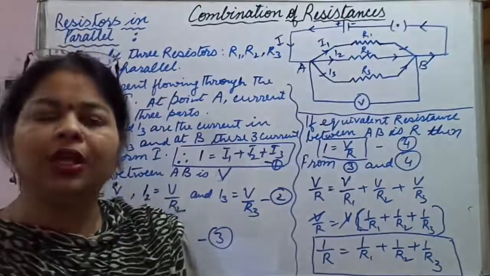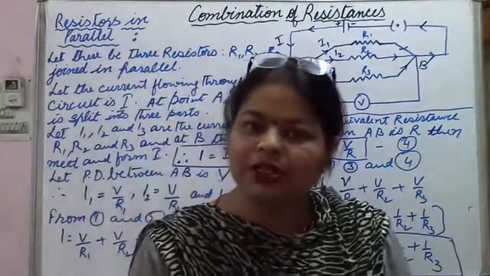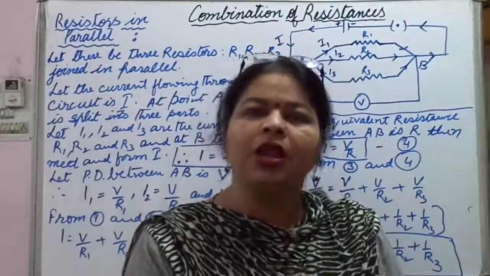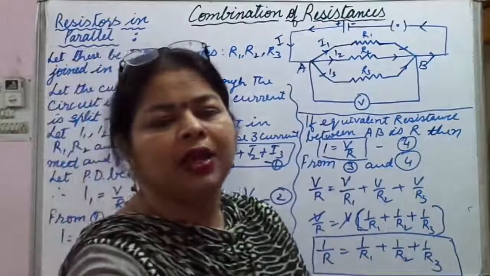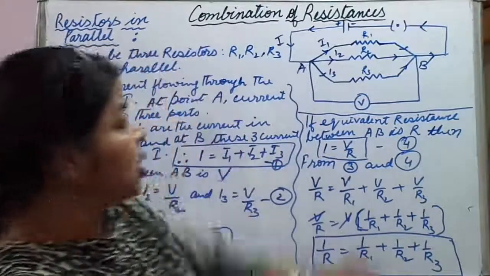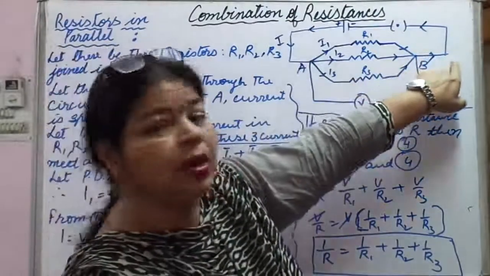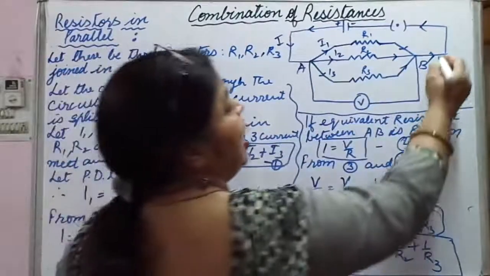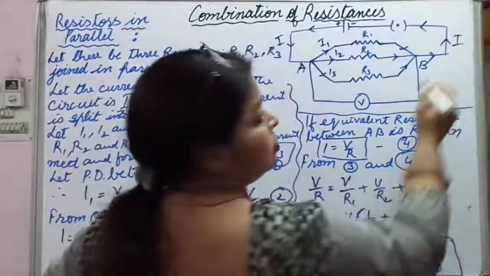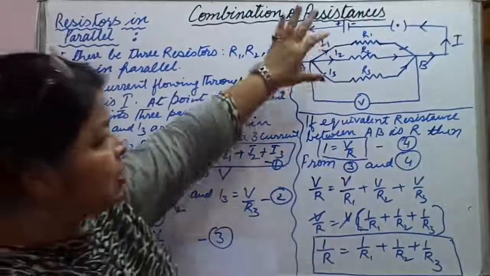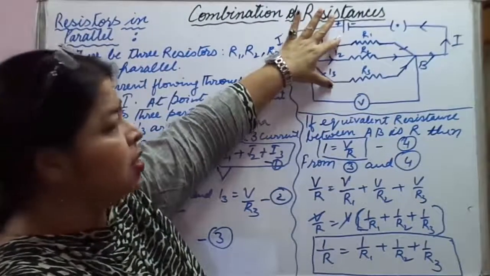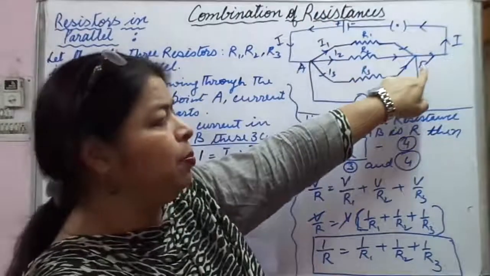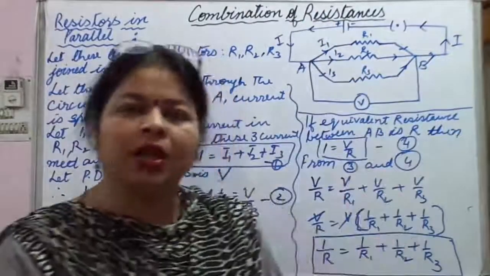When these three currents meet at point B and come out, they again become I.